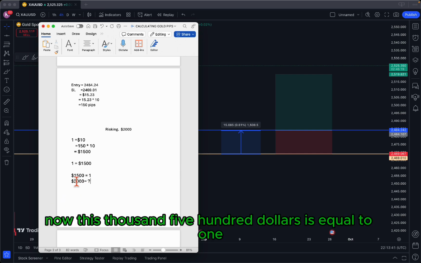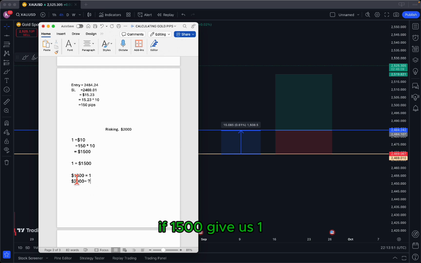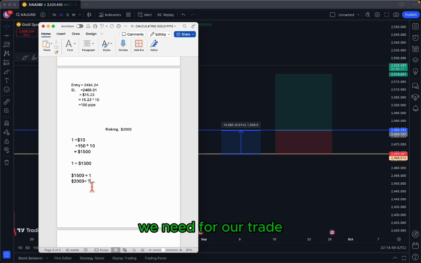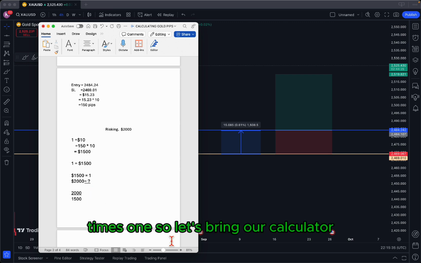If 1,500 gives us 1, definitely this $2,000 is going to give us more lot size for our trade. So we are going to have 2,000 divided by $1,500 times 1. So let's bring our calculator.